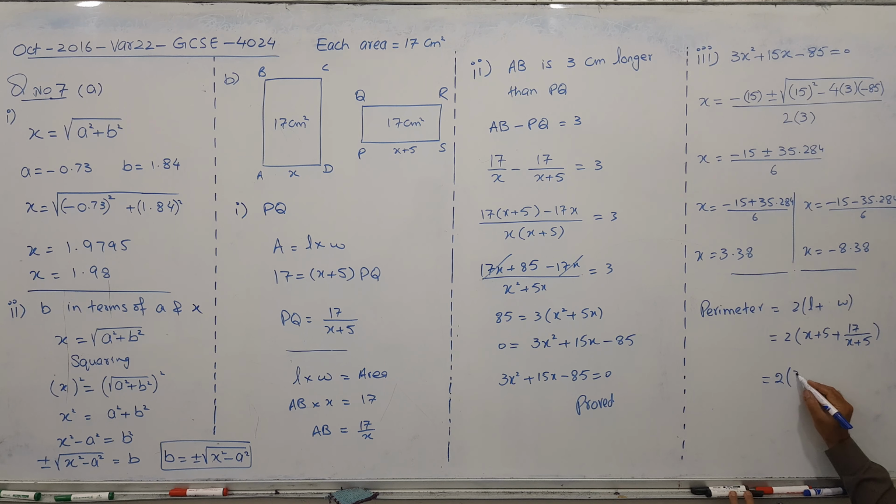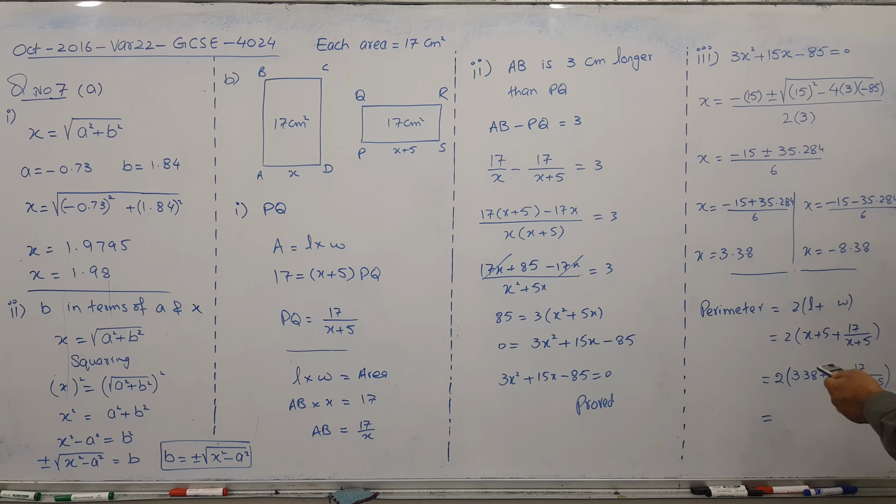So let's see, 3.38 plus 5 plus 17 by 3.38 plus 5. Simply a matter of typing in the calculator. Let me check for you. 3.38 plus 5 plus, in fraction, 17 by 3.38 plus 5.